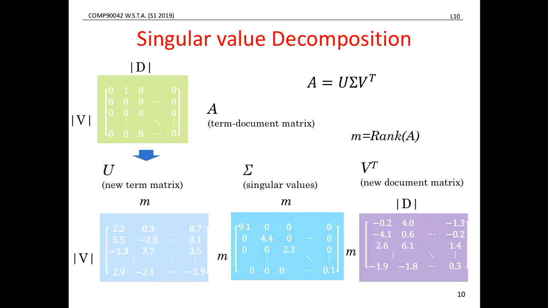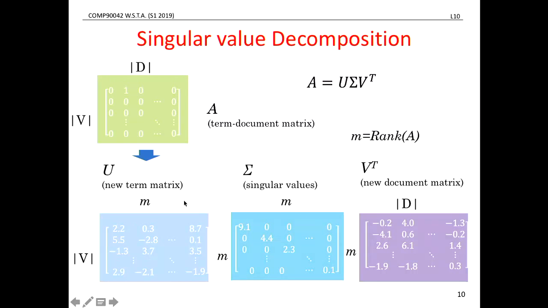Okay, and what we're going to do is factorize this. This is what singular value decomposition will do. It will say that we can represent this matrix as a product of three matrices. Let me talk about the one in the middle first. The one in the middle is giving us our eigenvalues. It's a diagonal matrix.